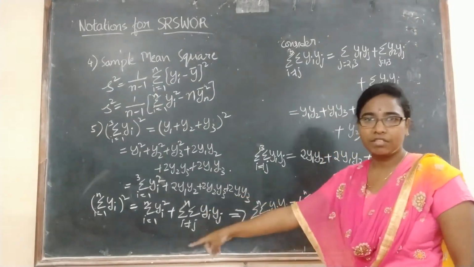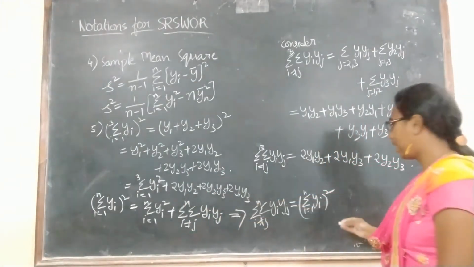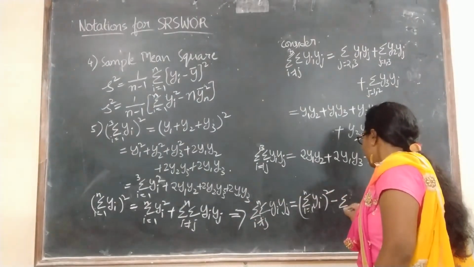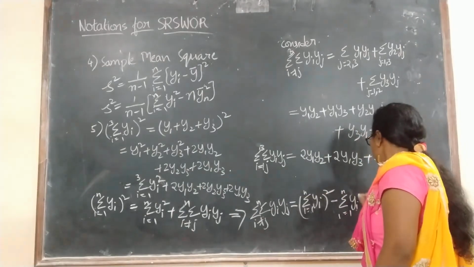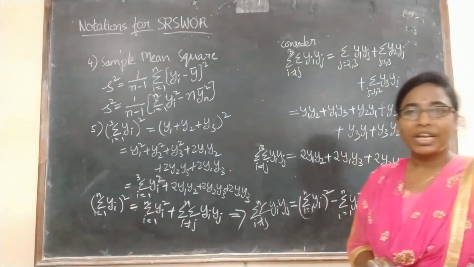If this positive term goes to that side, it will become negative, that is minus summation i equals 1 to n, yi square. Don't get confused.